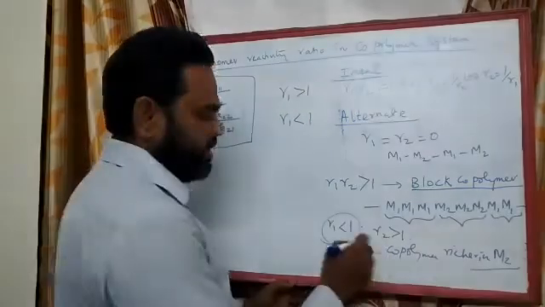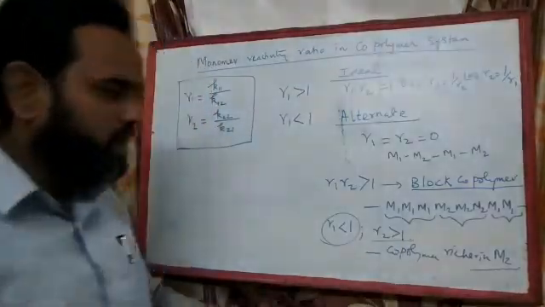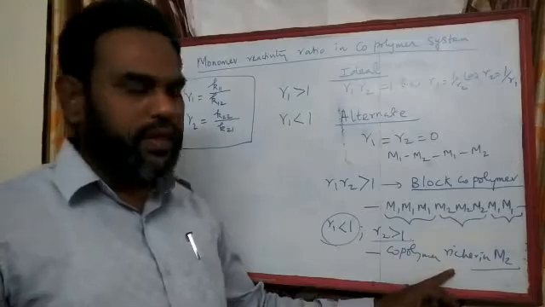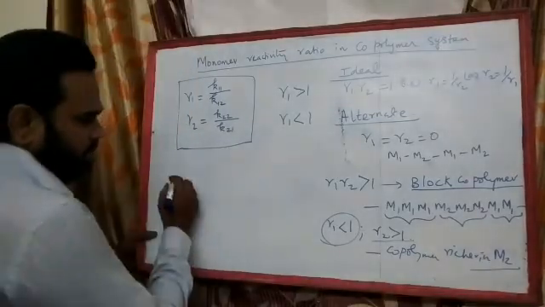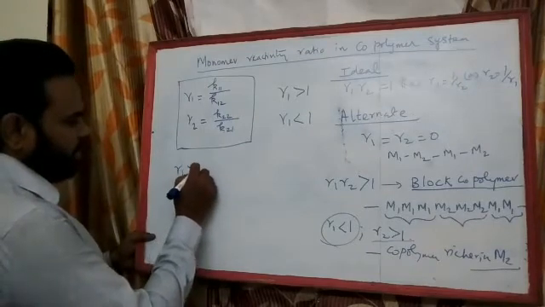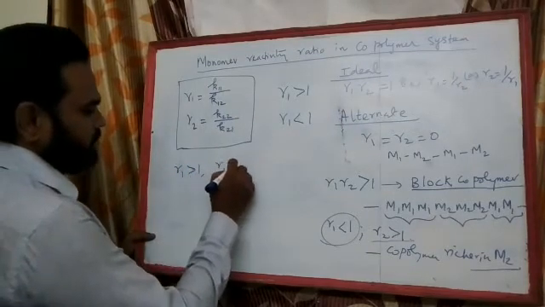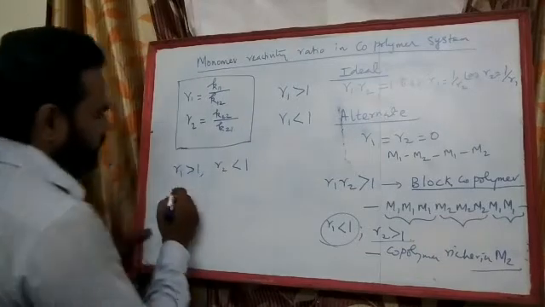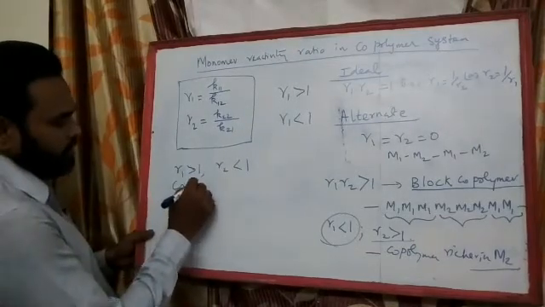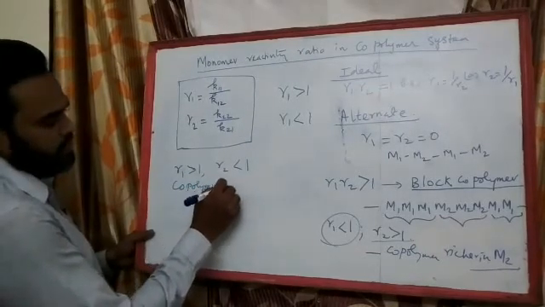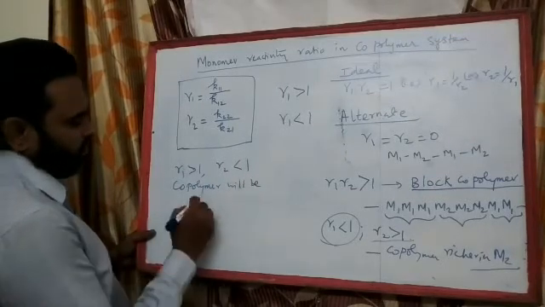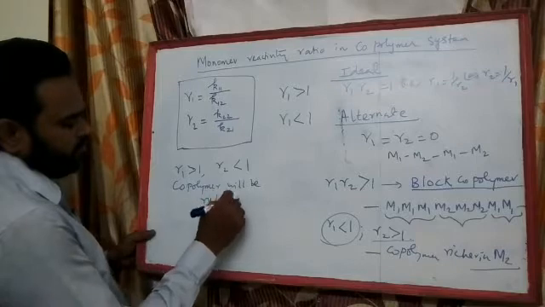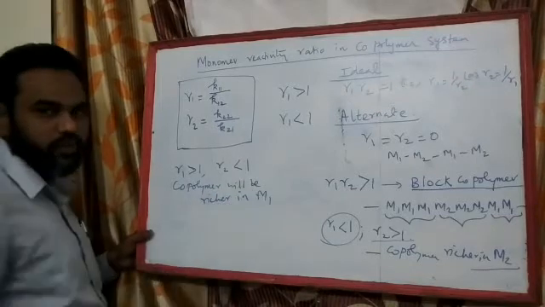So when R1 is less than 1 and R2 is greater than 1, the resulting copolymer will be richer in M2. If R1 is greater than 1 and R2 is less than 1, in such a case, the copolymer composition will be richer in M1.